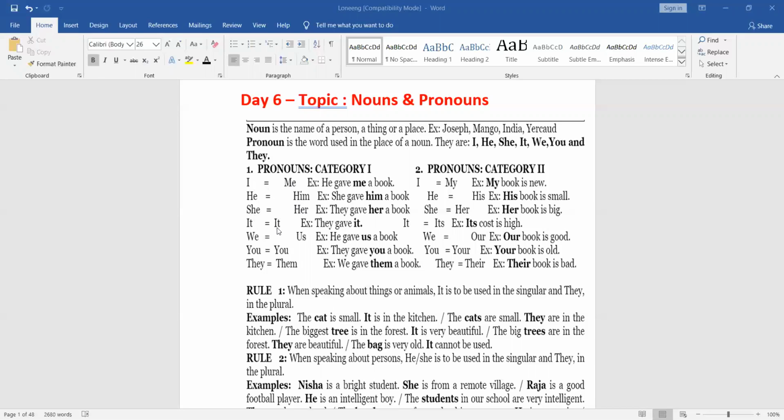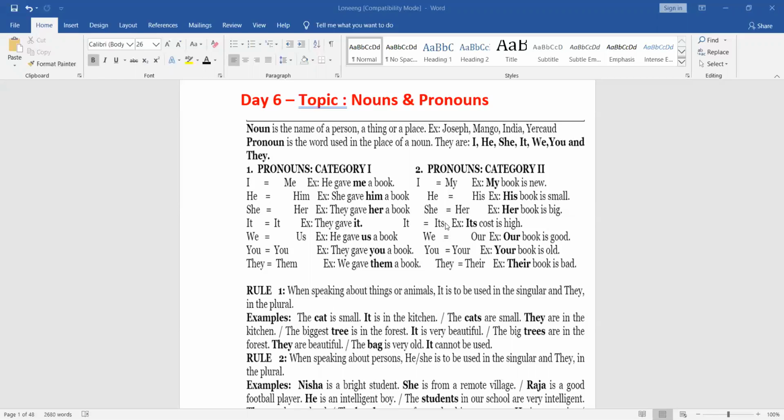It's singular. When there's a we, it's replaced by us. When there's a you, it's replaced by you. And when there's a they, it's replaced by them. Now, instead of the subjects I, he, it, she, it can also be the name of a person. Okay, it can also be a place. Whatever the noun, it could also be in the place of the subject. Okay, so this is the first category.